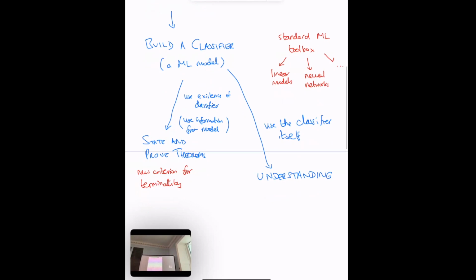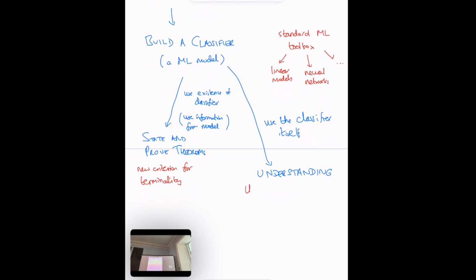In our case, we're going to use the classifier that we build to give the first sketch of the landscape of higher dimensional Fano varieties.